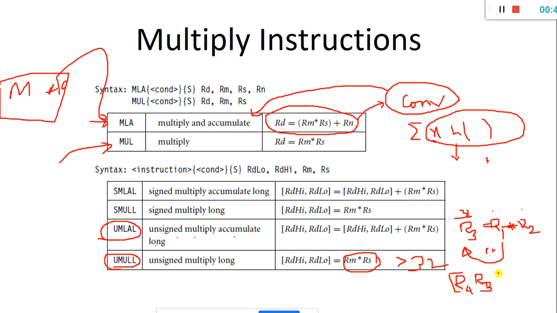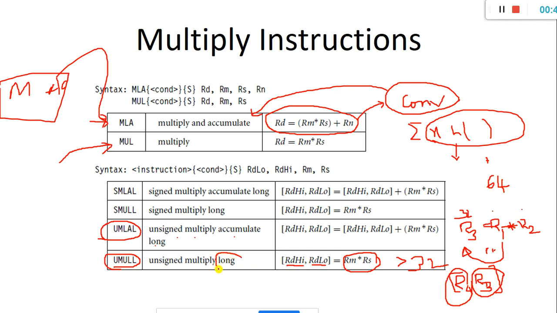I club two registers, RdLo and RdHi, low and high. If the output after multiplication is 64-bit, then the lower 32-bit is going to be stored in R3 and the upper 32-bit in R4. That is the meaning here.